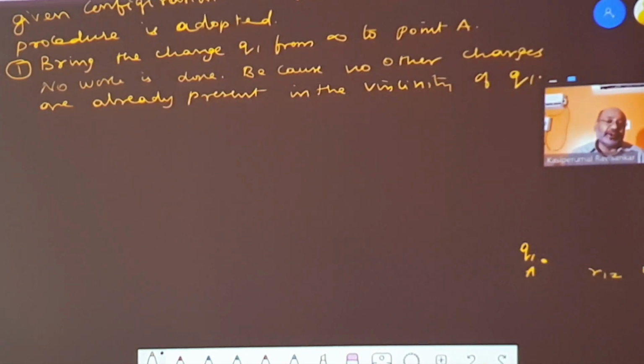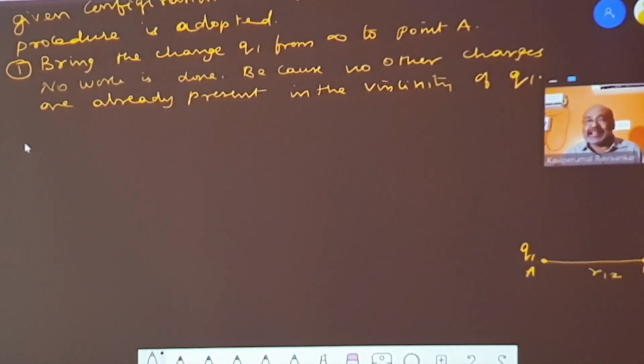Now I am going to bring the next charge Q2 from infinity to the point B. But when Q2 is brought, Q1 will produce an opposing electrical field. So work is said to be done against that electrical field. Now we have to calculate what that work done is.